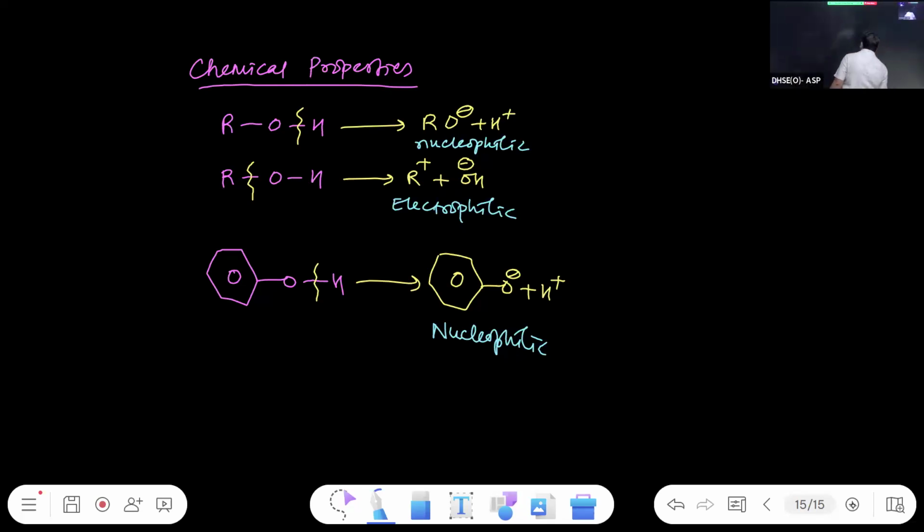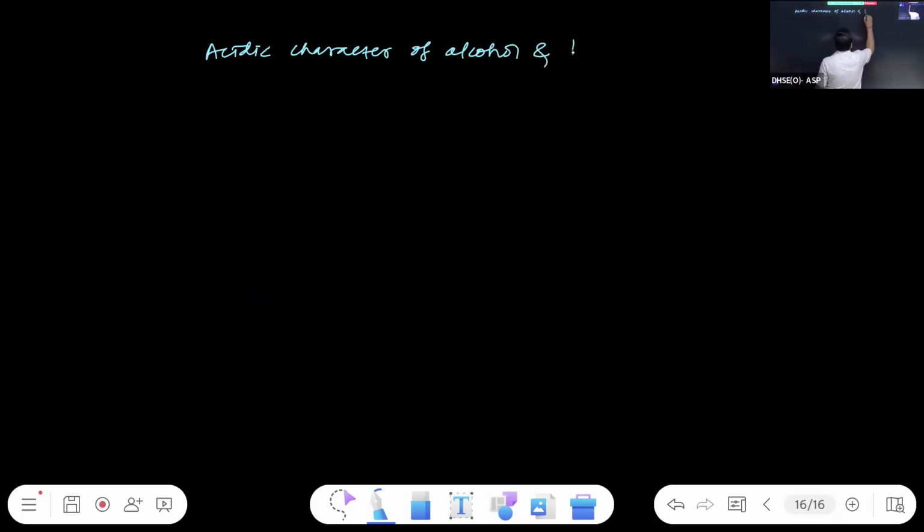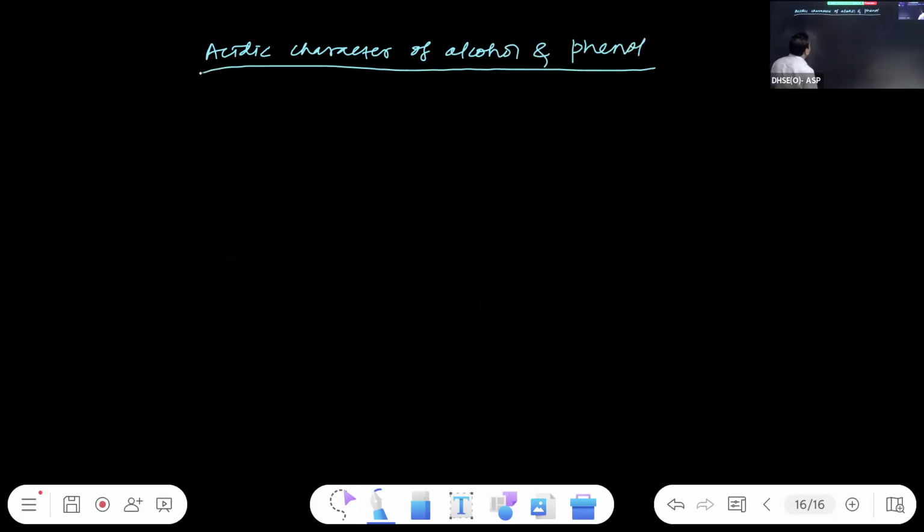Next, see, the dissociation of the bond between oxygen and hydrogen explains the acidic character of alcohol and phenol. Both alcohol and phenol are acidic in nature.